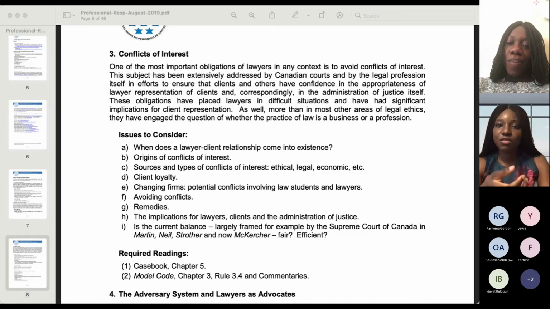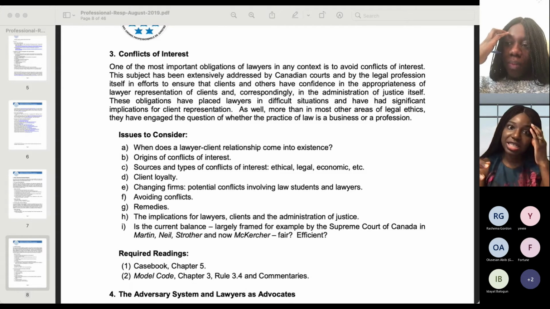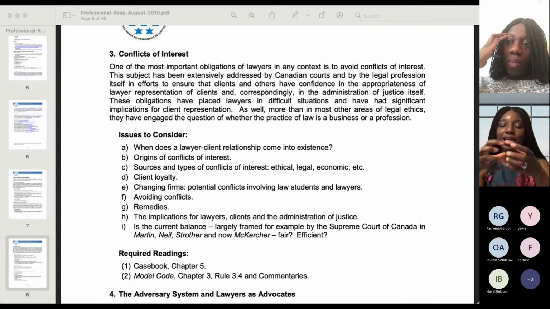Then you realize there's a conflict of interest. At that point, you declare to your client that, oh, I believe there's a conflict of interest between me, you and this person. I would like to go ahead and still represent you. I don't think there's a problem. And there's a whole host of things that must be done. And we're going to deal with that in the intensive classes to make sure that you don't clash them up.